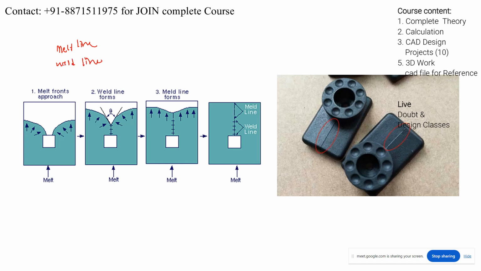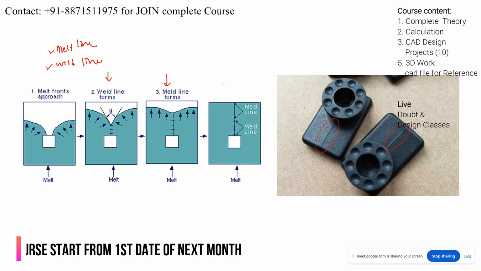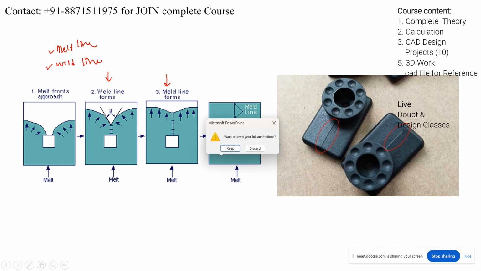Acha, what is the difference between the melt line and the weld line? Tell me. Here, these are the two figures. See. The weld line provides lower strength, right?